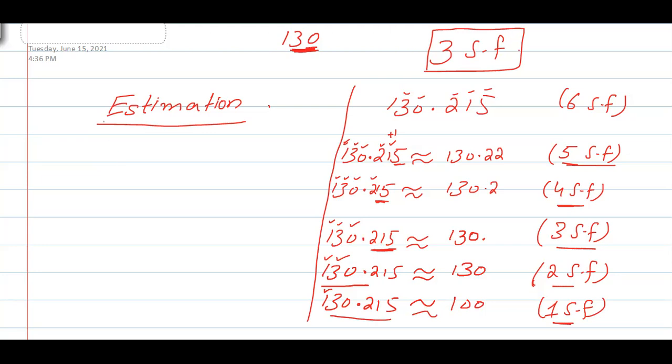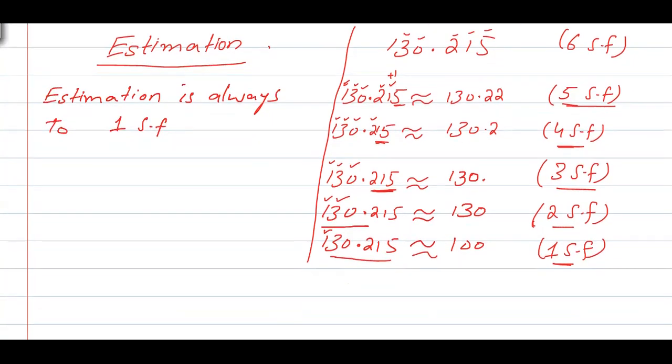Now next is estimation. About the estimation, remember estimation is always to one significant figure. I mean, if any value is given to you and it has been asked that you estimate it, you will round first to one significant figure and then you will solve.